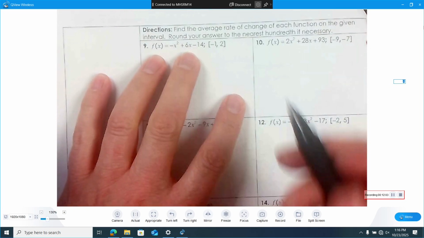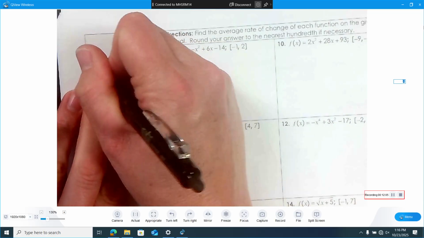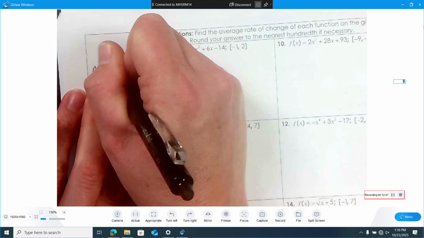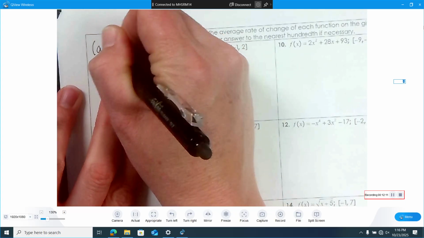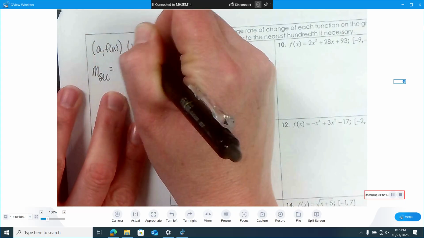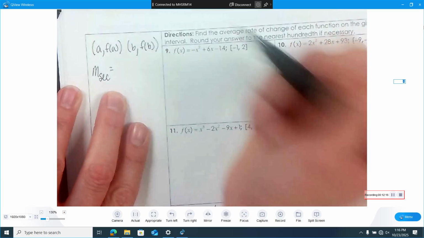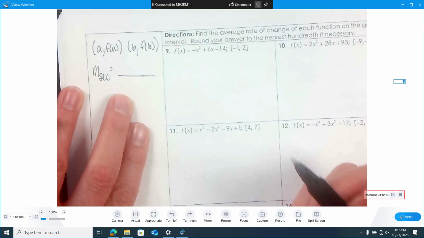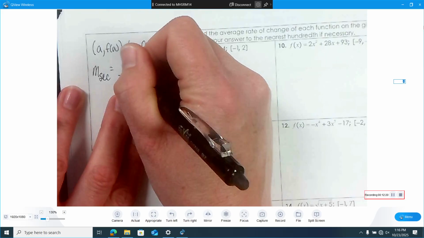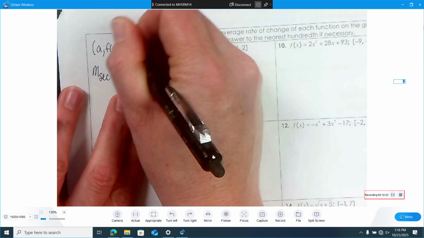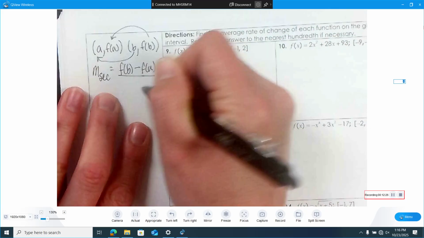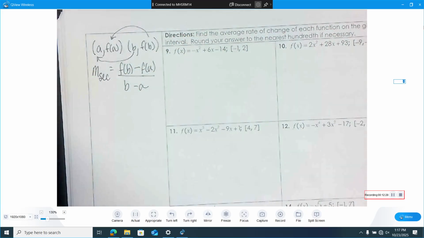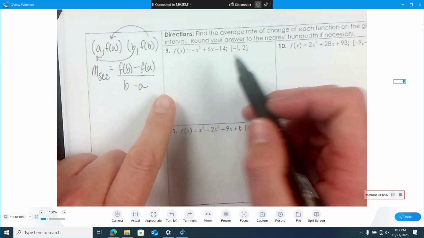Here's our function, and just to remind you, the slope of a secant line, we had ordered pairs A, f of A, and B, f of B. If we apply our slope formula, that would be y2, f of B, minus f of A, over B minus A. So now we're applying the slope formula, but with function notation.